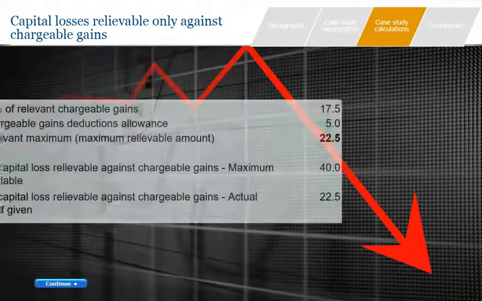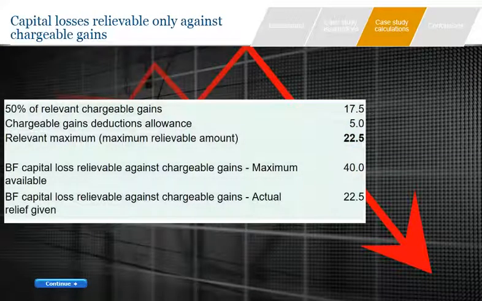A very similar process applies for the calculation of the capital loss restriction. The starting point is 50% of relevant chargeable gains, to which we add the chargeable gains deductions allowance. The resulting amount, also referred to as the relevant maximum, is the maximum amount of capital losses that can be relieved against chargeable gains. In our example, 50% of relevant chargeable gains is 17.5 million.